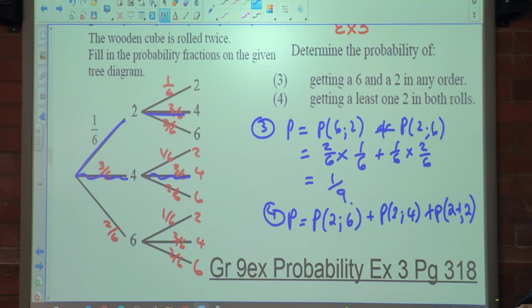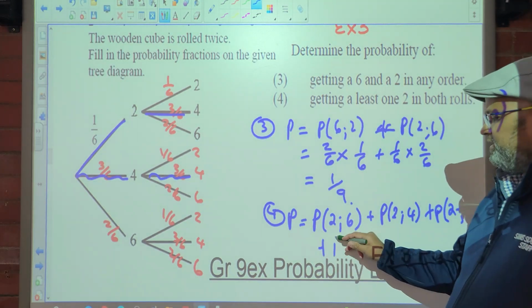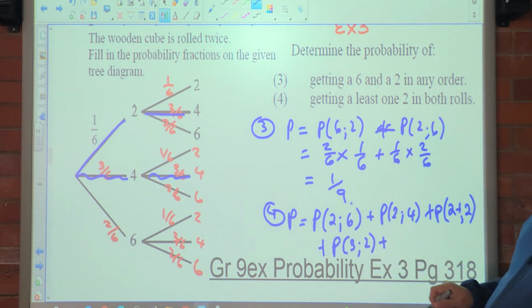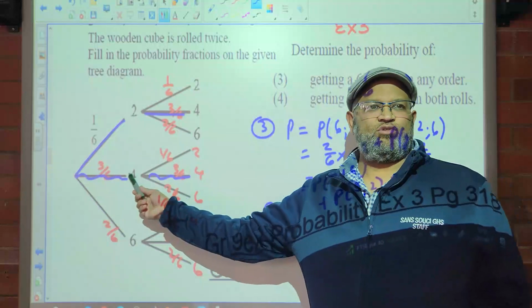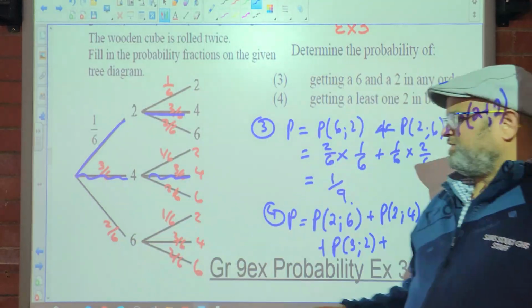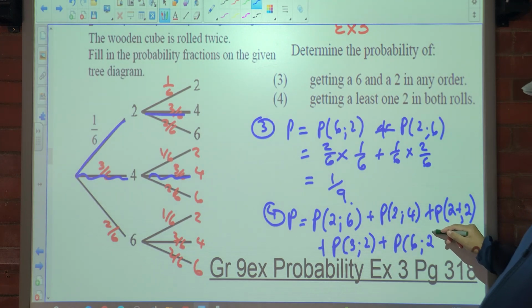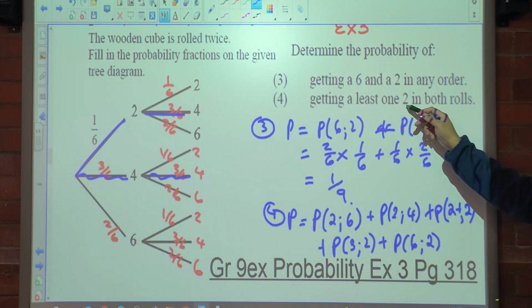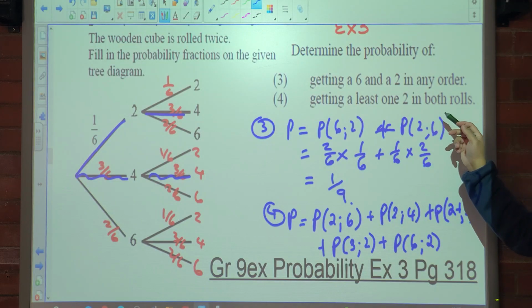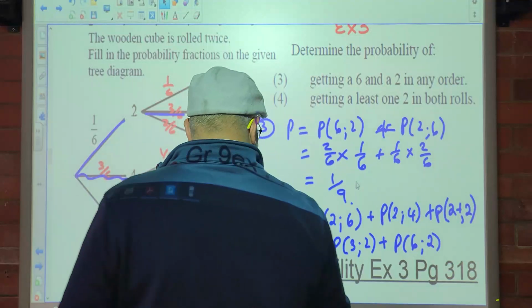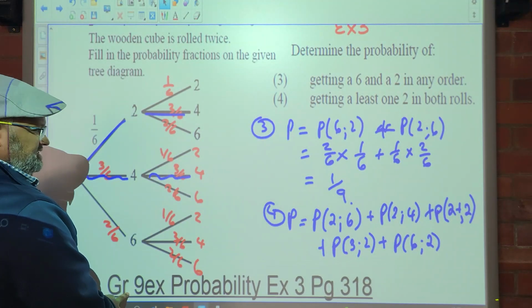Then we can have the probability of a 4 and a 2. If we go 4 and 2, there's no other way I can get the 2 starting with the 4. As well as the probability of a 6 and a 2. It says getting at least 1 two in both rolls. So at least 1 two, so you can have 2 twos. You guys understand? Any confusion there? Yes.